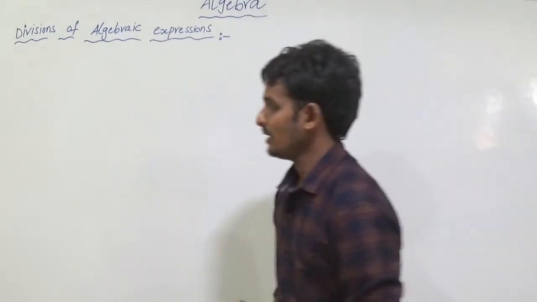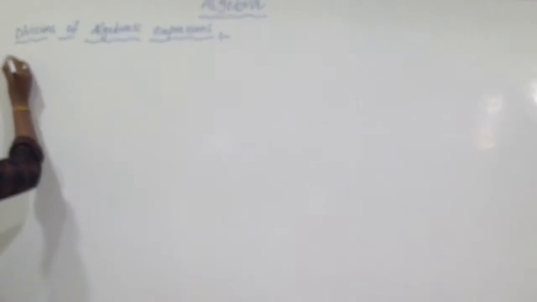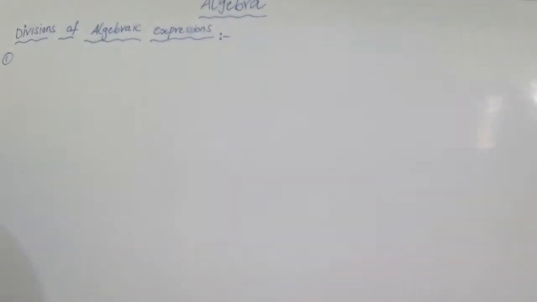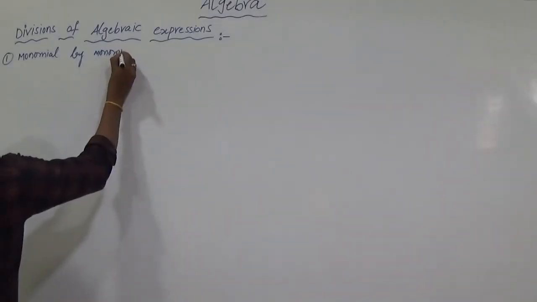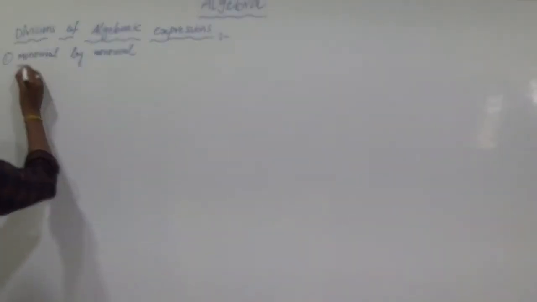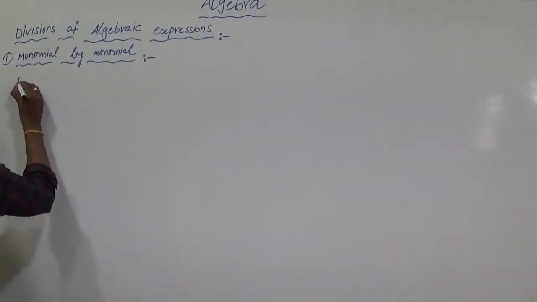For example, I am giving you one problem, monomial by monomial. So we keep the heading: monomial by monomial. That is divide.